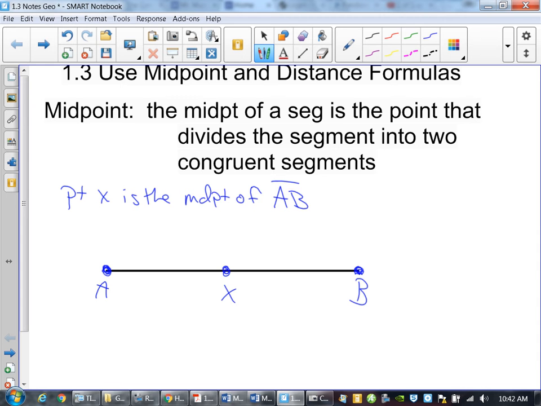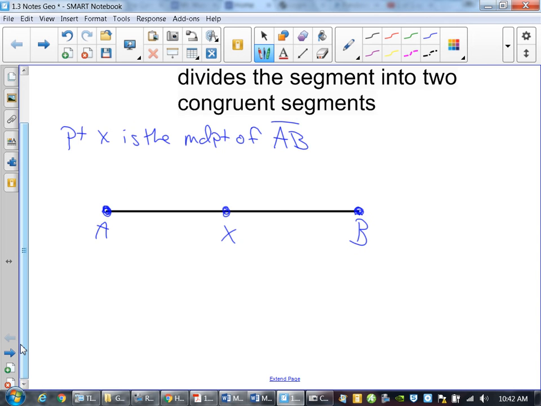Remember how we did that? Exactly. Very good. I would just do a little tick mark like this. That shows that AX is equal to XB, or eventually we'll start to say that AX is congruent to XB.